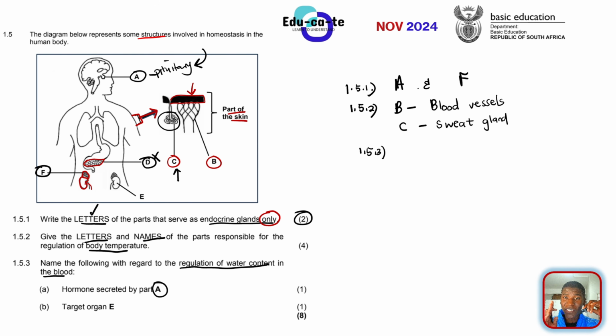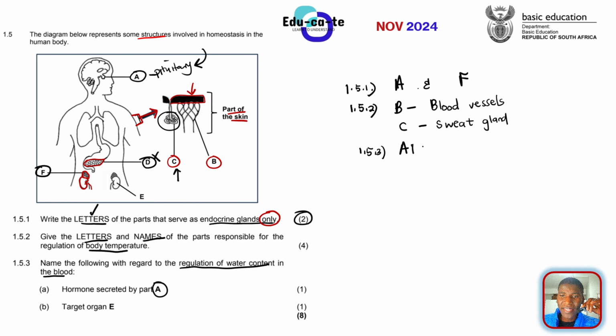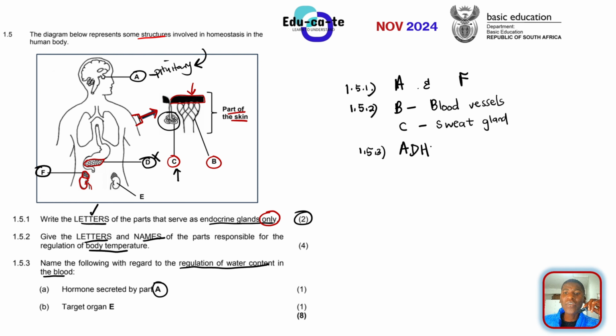So you need to know the difference between producing and secreting. That's why they say we should name it with regard to the regulation of water content. Okay, they've been specific here. So the hormone there is antidiuretic hormone, that is ADH. If it was biological terms, you were supposed to answer in full: antidiuretic hormone.